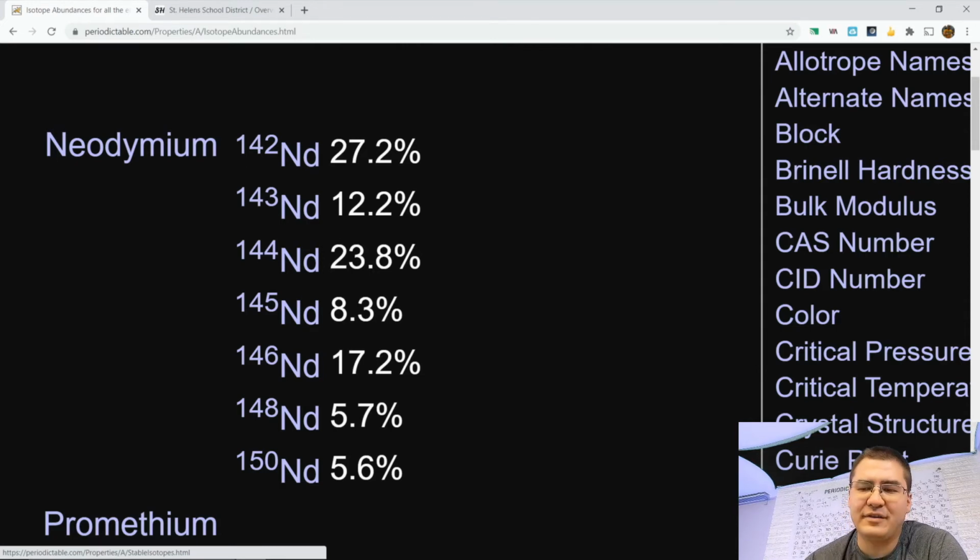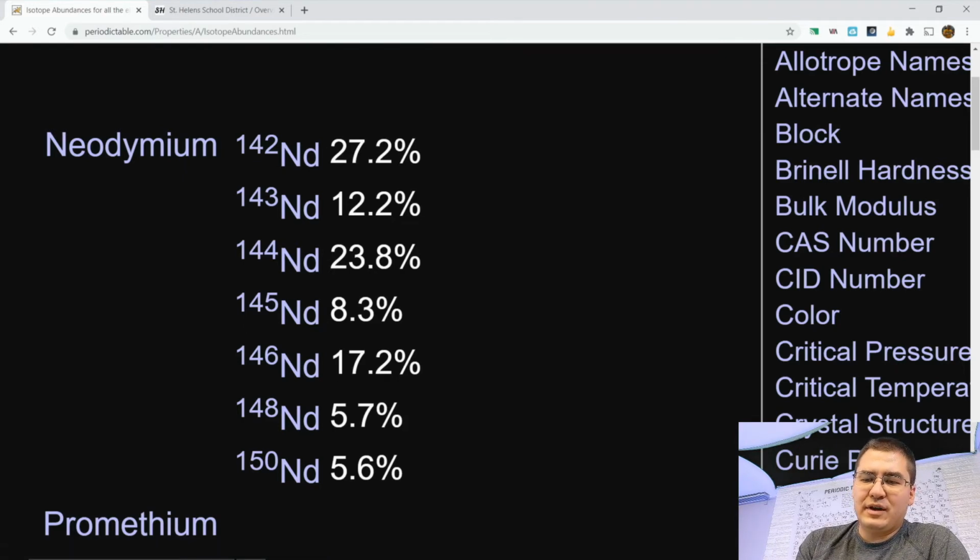I'm not going to have you do it, but you would take 142 and multiply by 0.272, plus 143 times 0.122, plus this times this, plus this times this, and so on, etc. Remembering when you multiply, you better use the decimal form, so move the decimal place twice. Okay? So hopefully you can solve that.